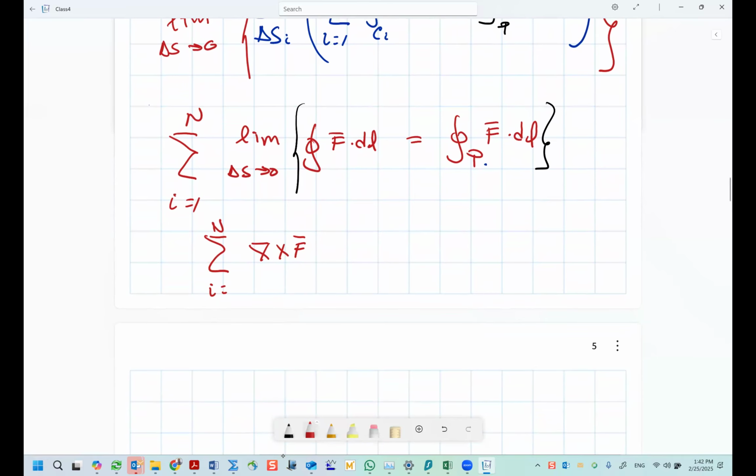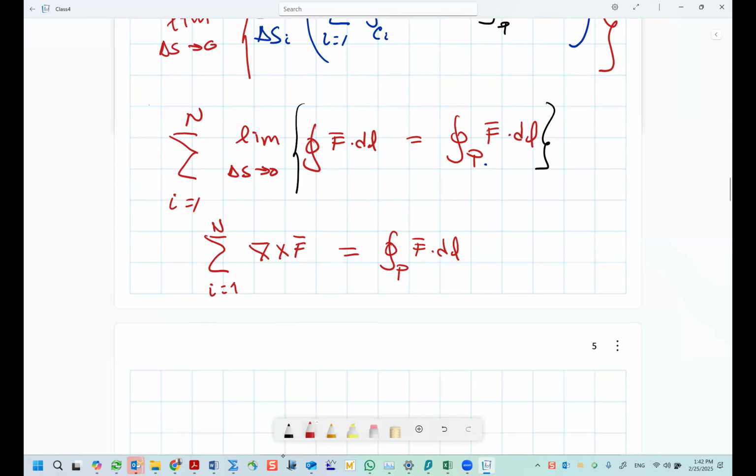I have the curl of F in here, and I have in here the same thing, the closed integral of the perimeter of F dot dl, from i equals 1 to infinity.